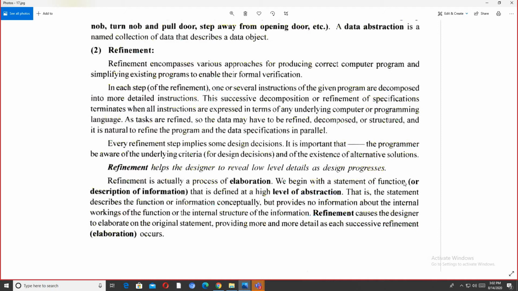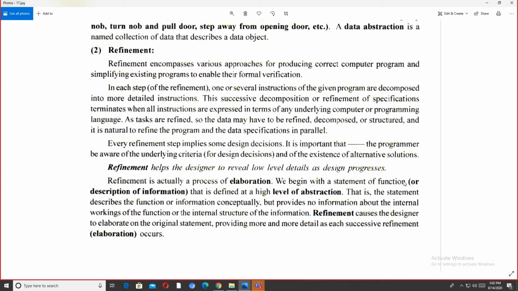and then you can say that the particular module is formally verified. Now, in each step of the refinement, one or several instructions of the given programs are decomposed into more detailed instructions. Whenever we are going for refinement, this is what we will be doing. One or several instructions of the given program will be decomposed into more detailed instructions. This is what refinement is. Whenever we are going for refinement, there are many things which will come into your way.